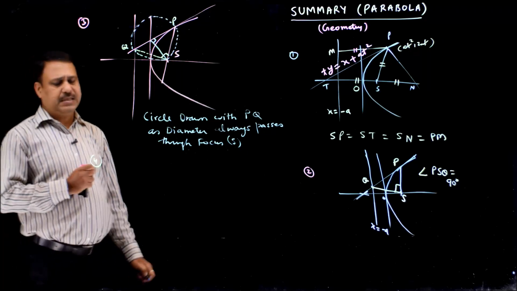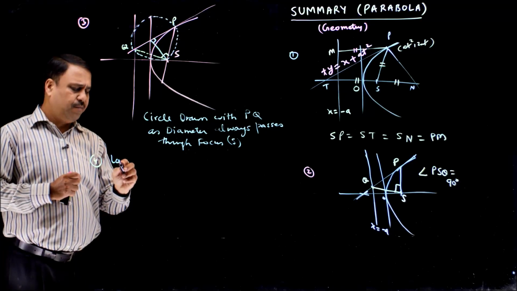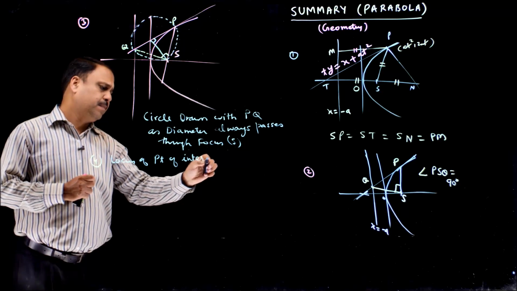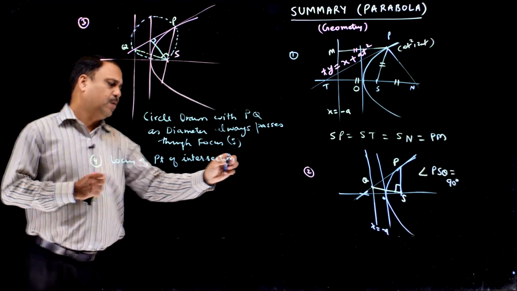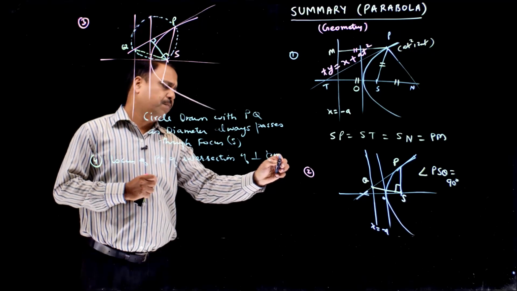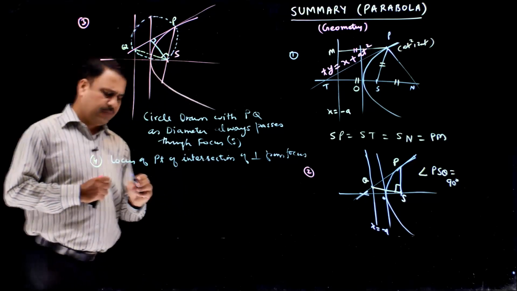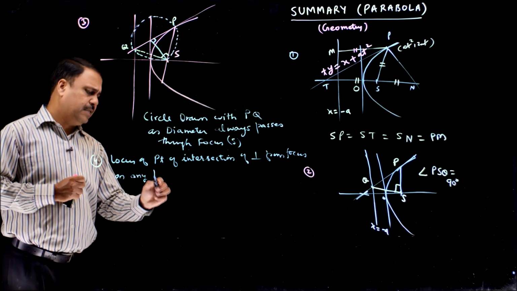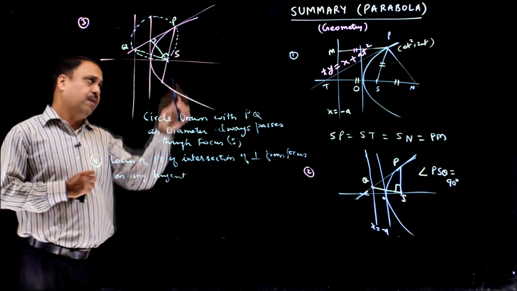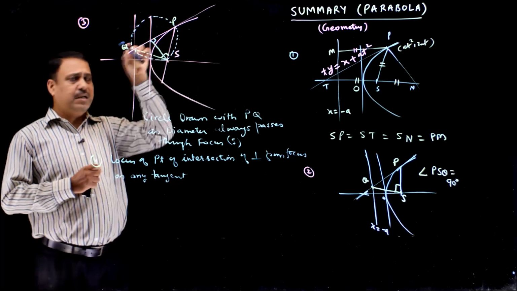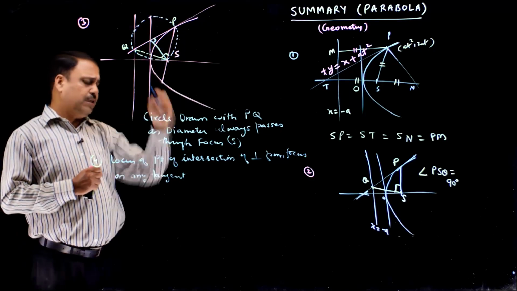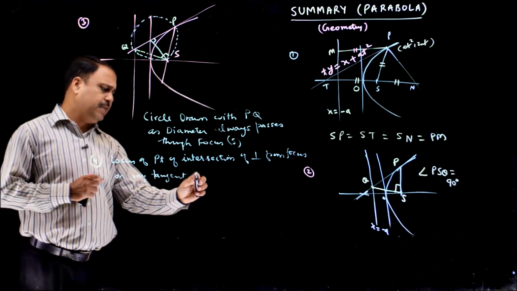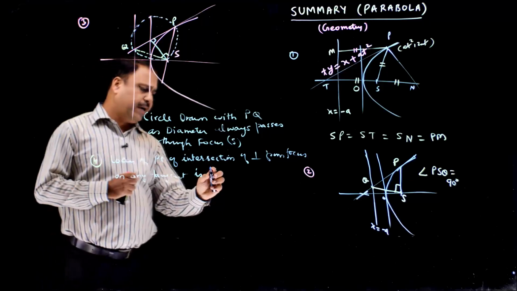Or in other words, I can say that the locus of the point of intersection of the perpendicular from the focus on any tangent is the tangent at the vertex.